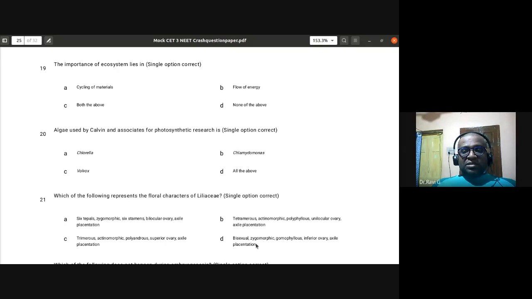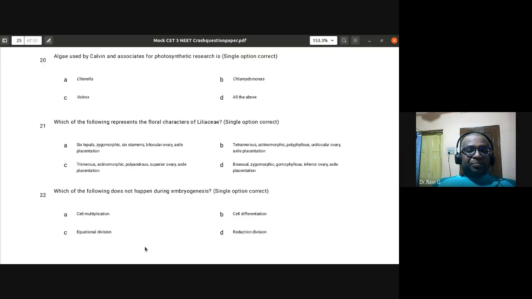The next one is bisexual, zygomorphic, gamophyllous, inferior ovary, axial placentation. So the right answer for 21st is going to be C, trimerous, actinomorphic. They are polyandrous, superior ovary, they have axial placentation. You can notice this in case of Liliaceae. C is the right answer.